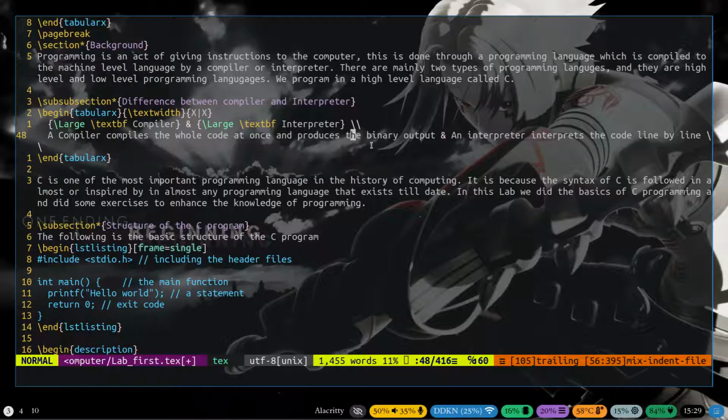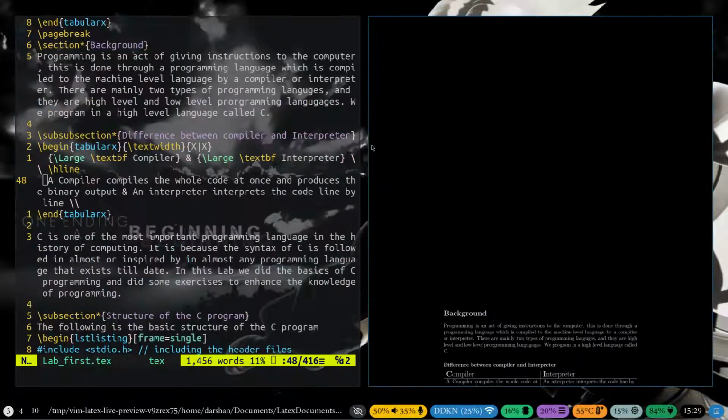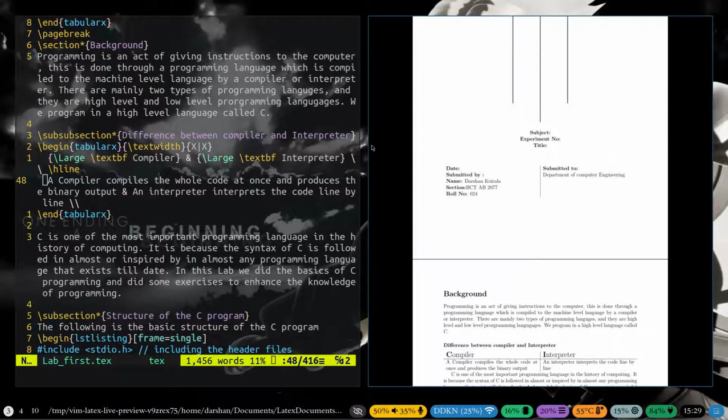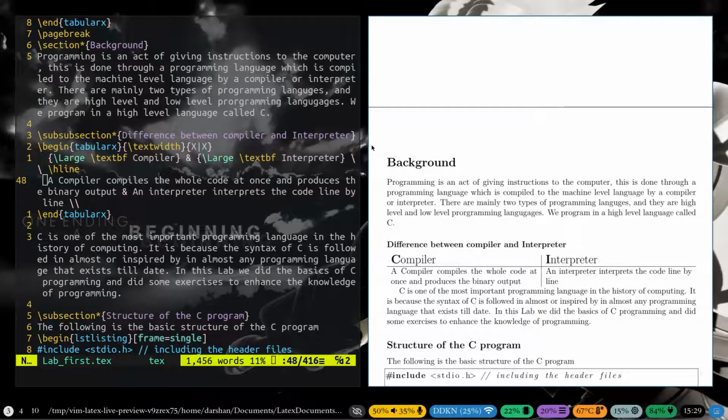Should I give a horizontal line between them? There's already a horizontal line there. Yeah, I think a line is needed. Save that and start live preview. A compiler compiles the code at once and an interpreter interprets the code line by line.